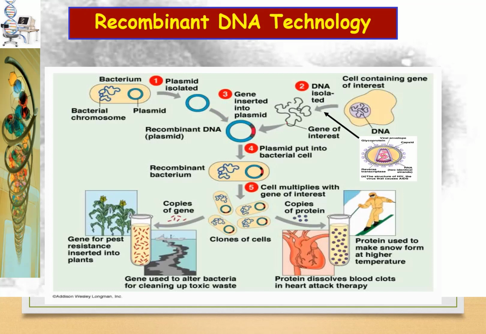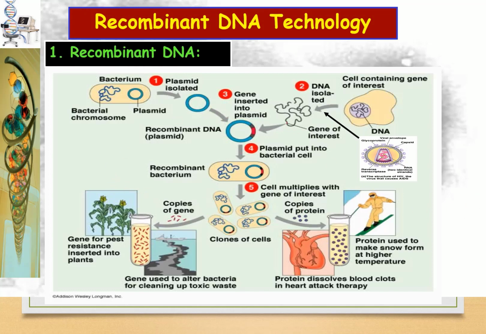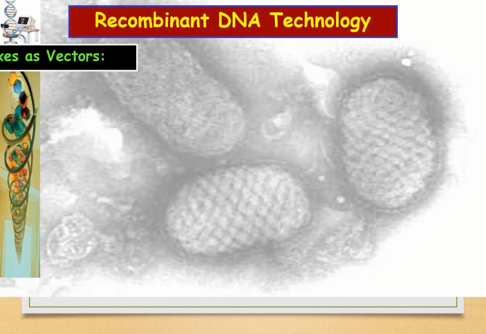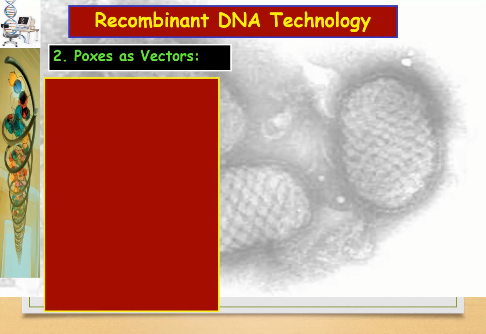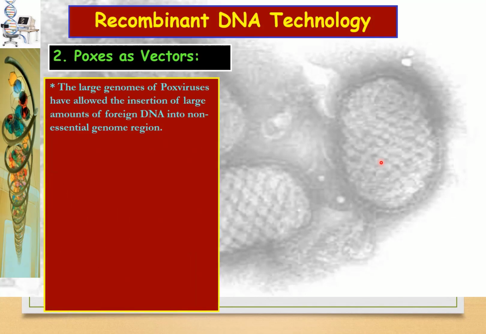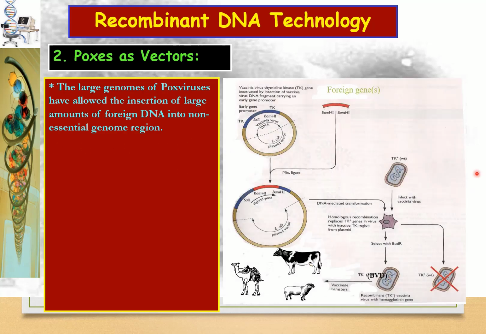Recombinant DNA technology. Pox virus as a vector in recombinant DNA technology to make vaccine. The large genome of these viruses has allowed the insertion of large amounts of foreign DNA into non-essential genome regions.